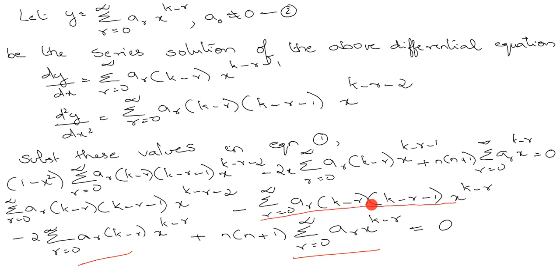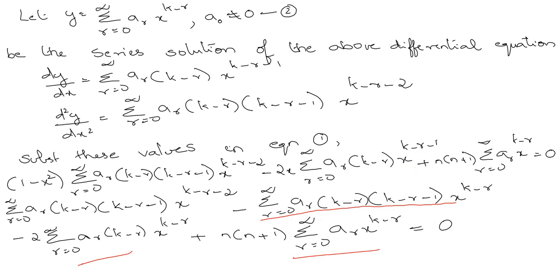That is written here: minus sigma r is equal to 0 to infinity ar into (k minus r) into (k minus r minus 1) into x raised to k minus r. Now in this term, we are taking this x outside, so x raised to k minus r minus 1 into x becomes x raised to k minus r.